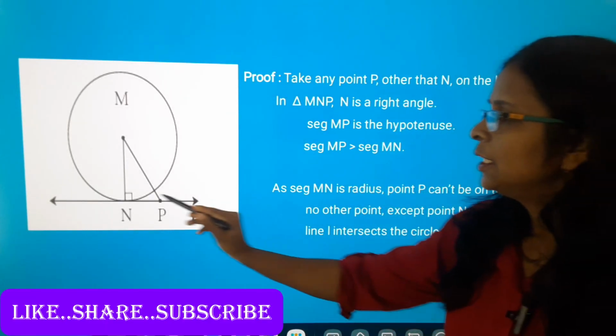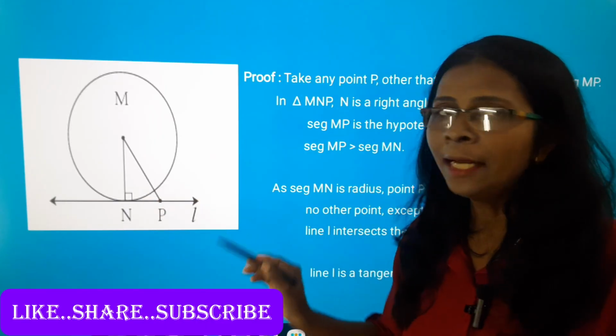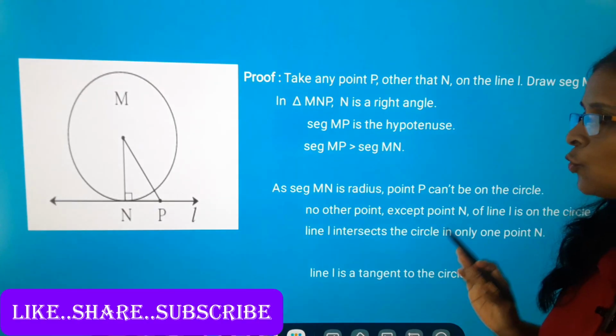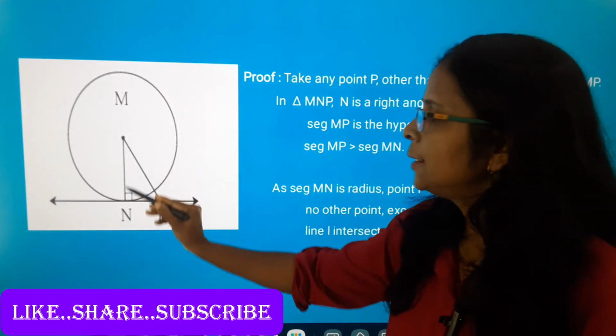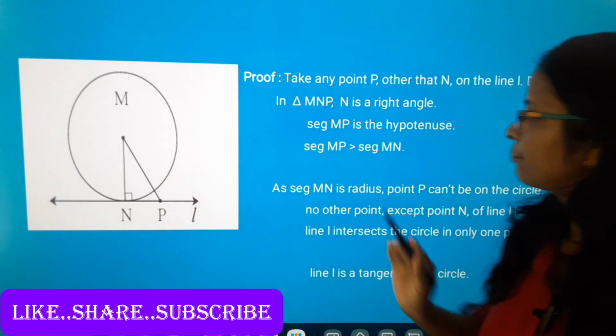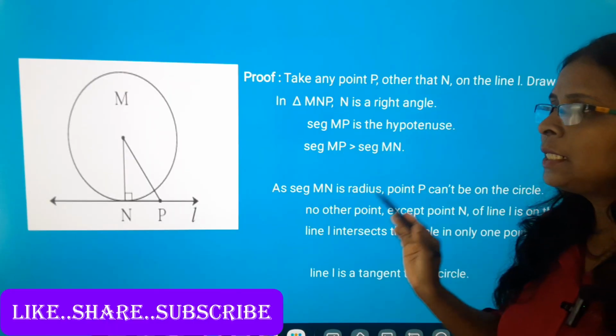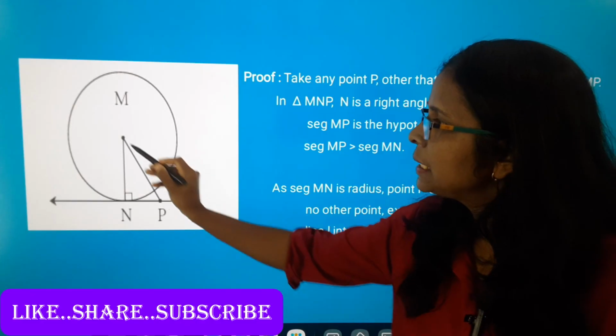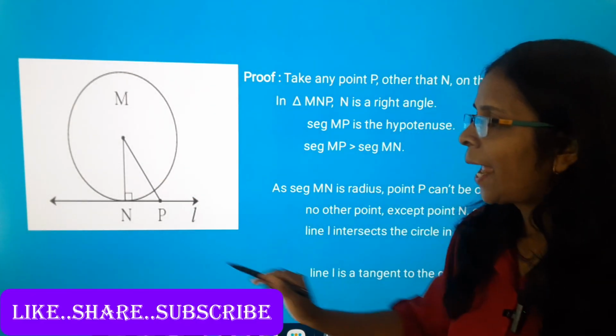Then triangle MNP is a right angle triangle, and MP is the hypotenuse.